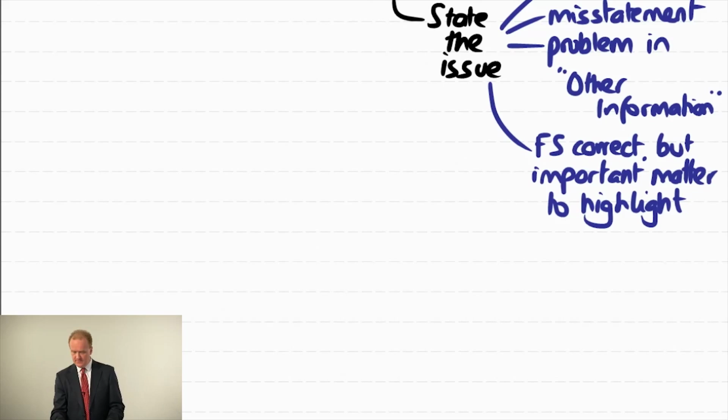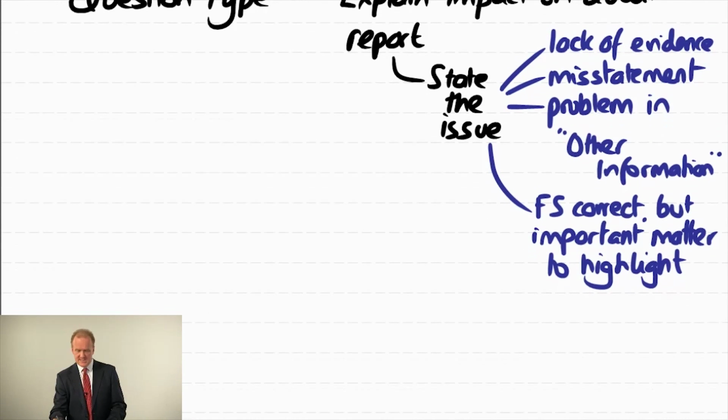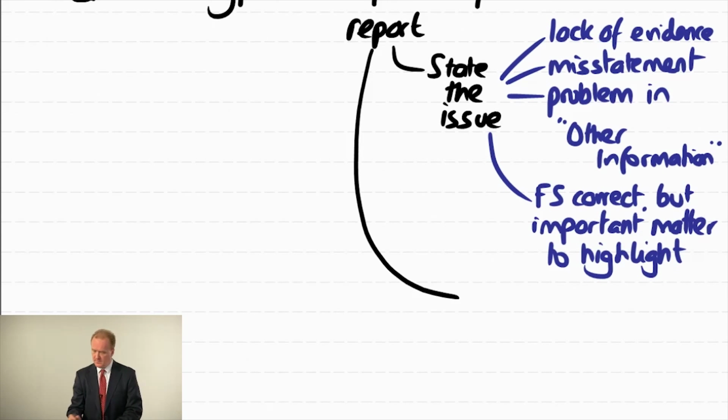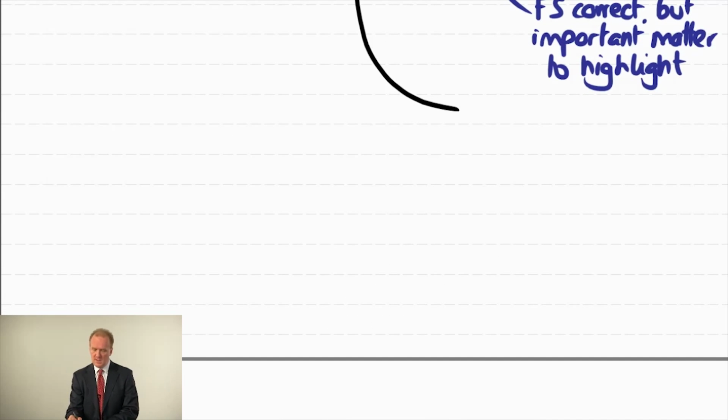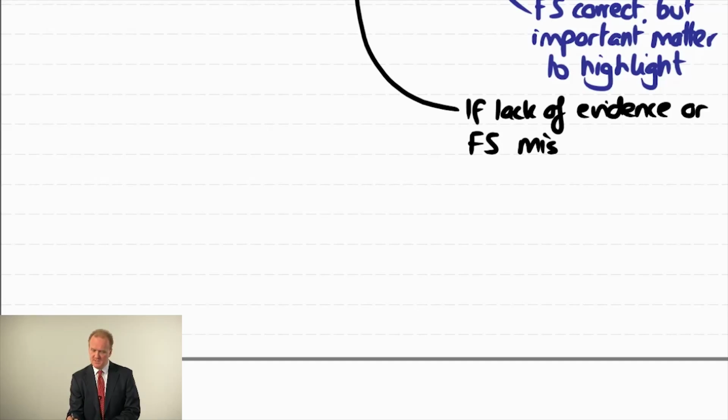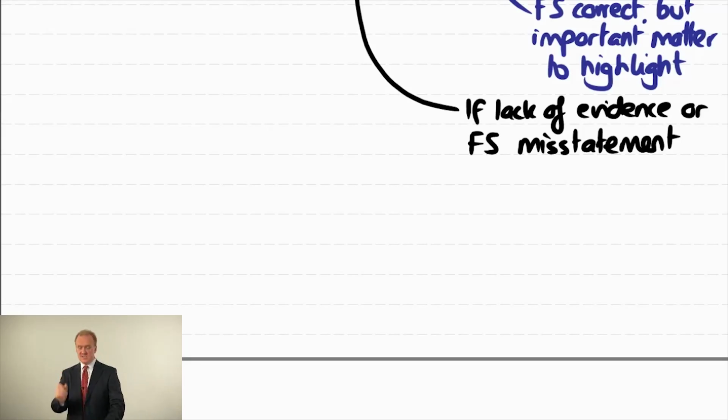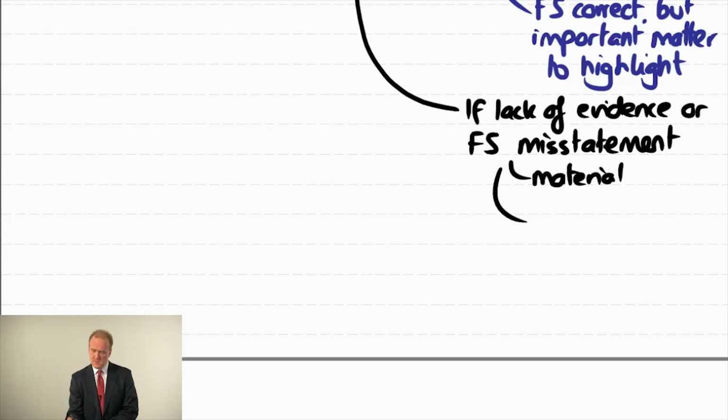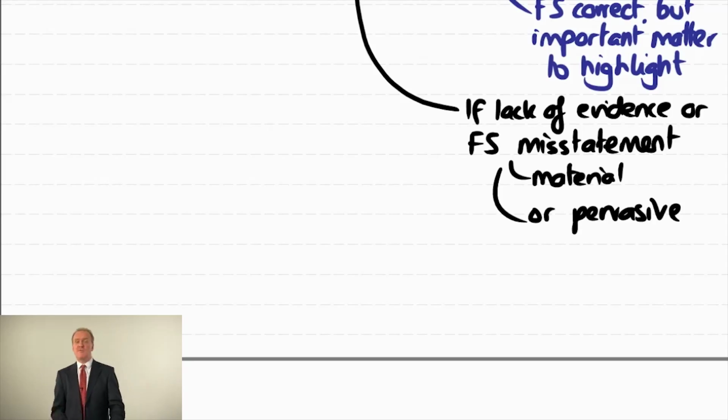Stage 2, second thing that will get you marks. If it's a lack of evidence or a financial statement misstatement, so a mistake in the accounts, you've now got to say, do you think it's material? Or do you think it's pervasive? In other words, does it affect a small number of balances or lots of balances?